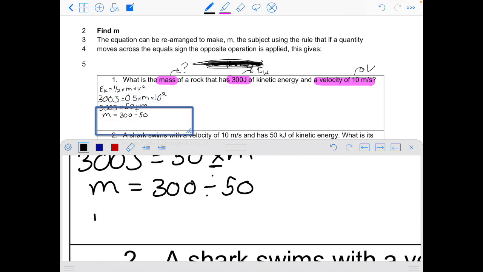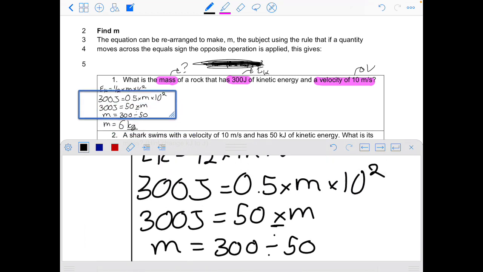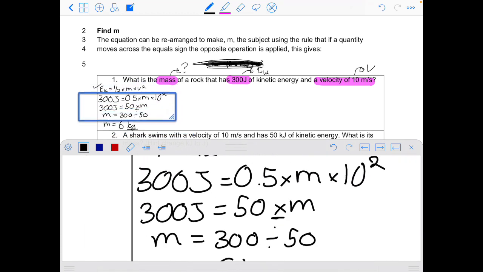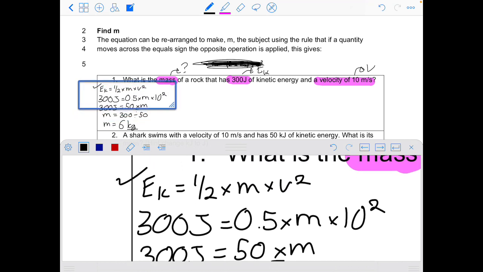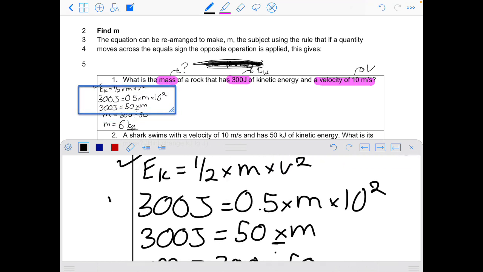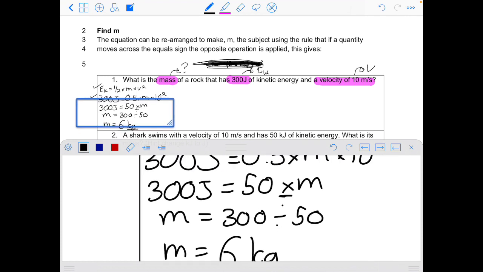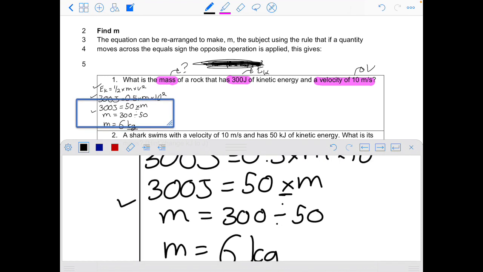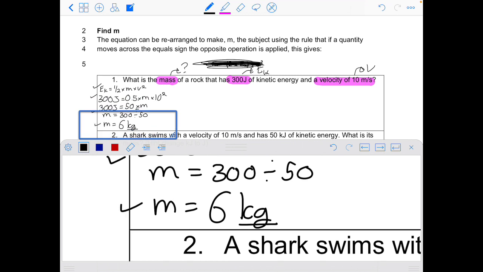So we know our mass is, when we plug that into our calculator, 300 divided by 50, 6 kilograms. No units, no marks. So this is 1 mark for writing down the formula, 2 marks for plugging in the numbers, 3 marks for moving things around as you need to, and your 4th mark for your answer.